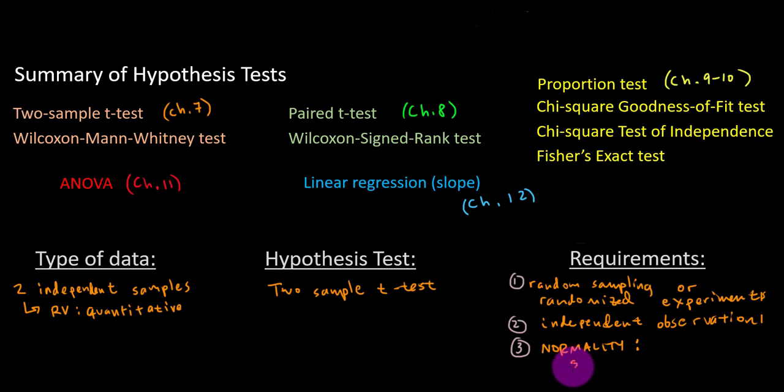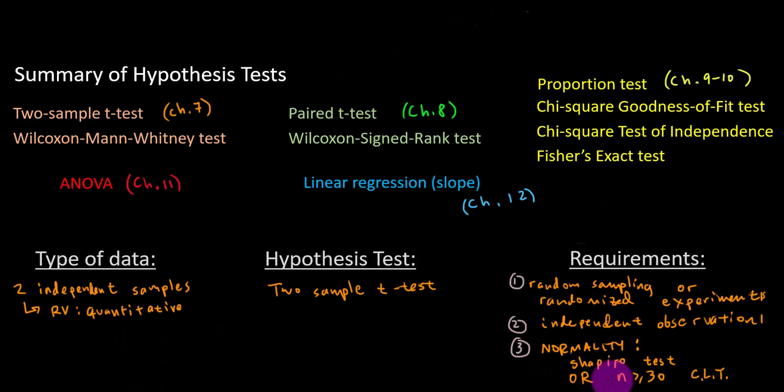Remember, we did that with the Shapiro test. But we also had our backdoor by using the central limit theorem. If the sample size is at least 30, then the corresponding sampling distribution can be considered approximately normal. Okay, so those requirements need to be met.